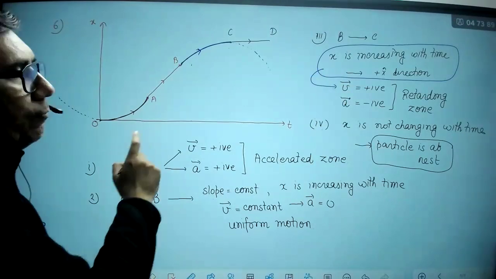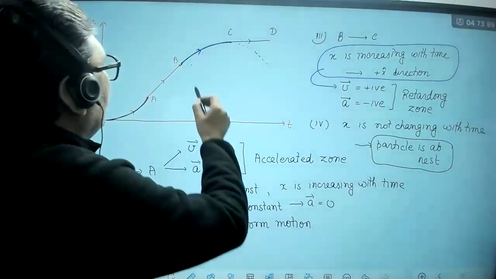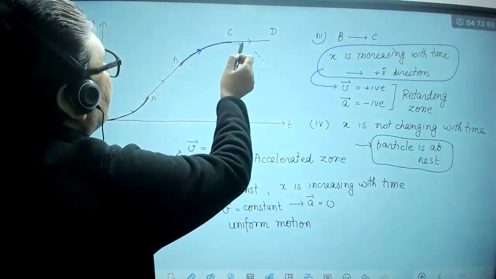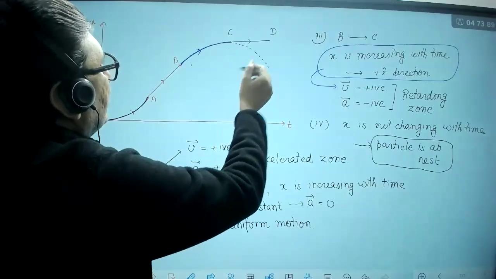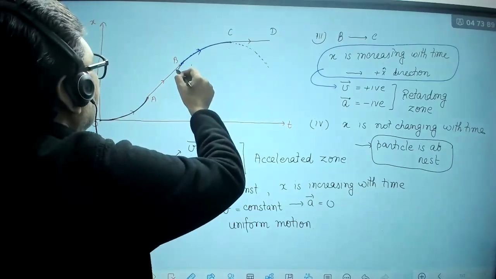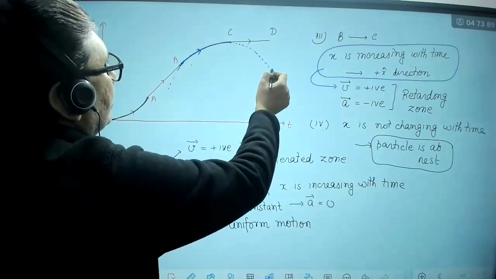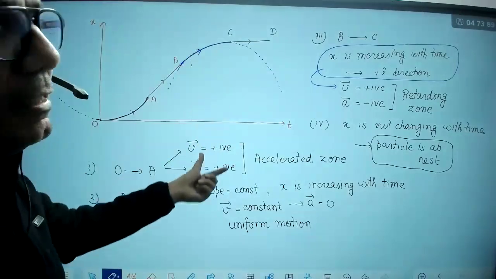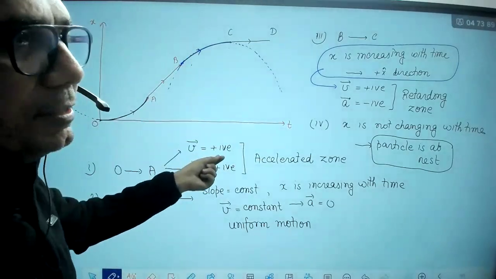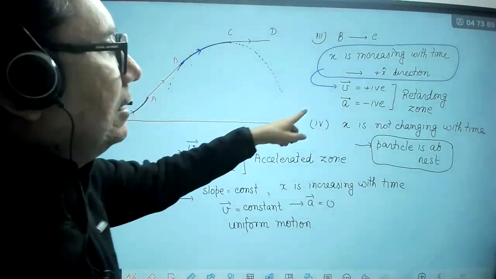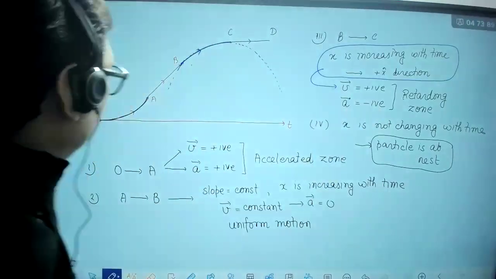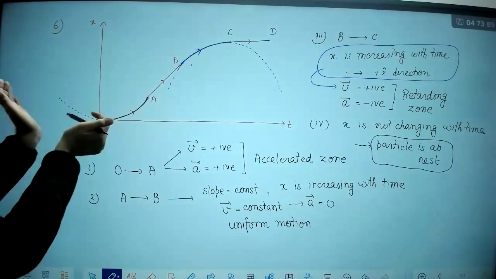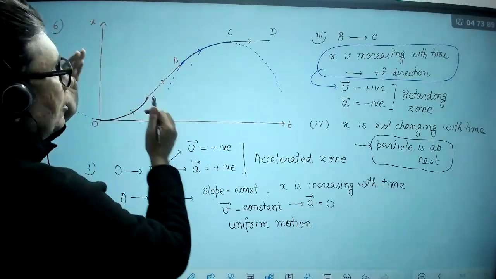Second, what will be the acceleration? Look at this curve, it has a curvature. If I complete this curve, it is opening in the downward direction. This is a part of this curve. So radius of curvature is negative, so acceleration is negative. I have already told you how to find out whether radius of curvature is positive or negative. If it is opening in the upward direction, acceleration is positive.